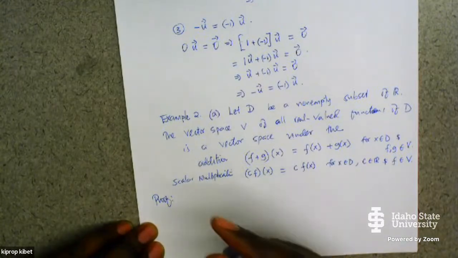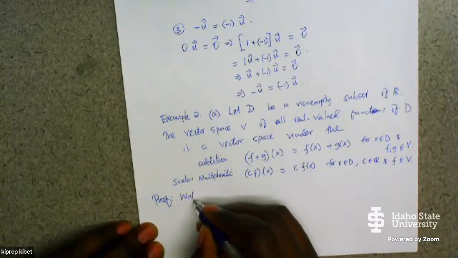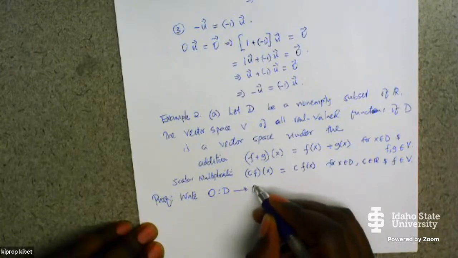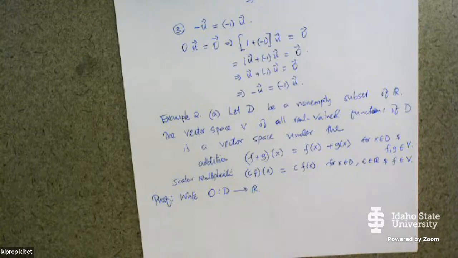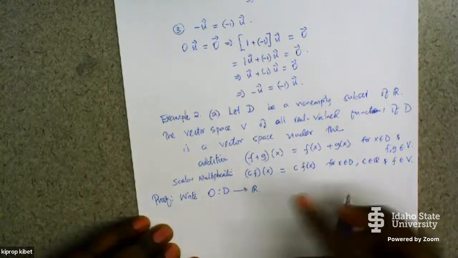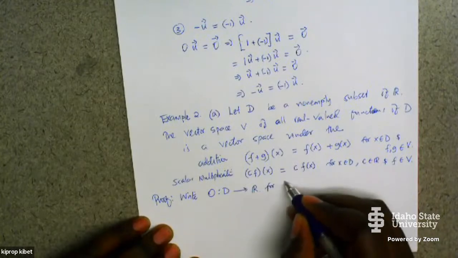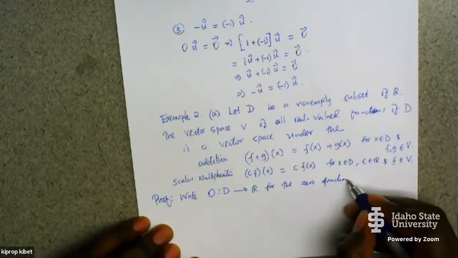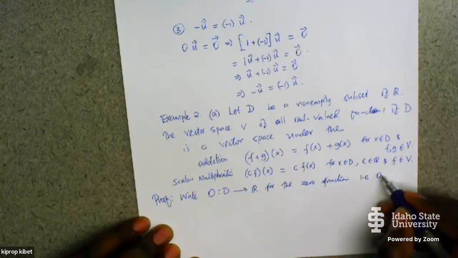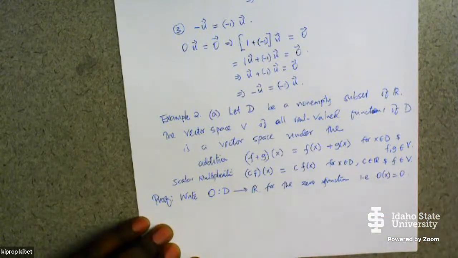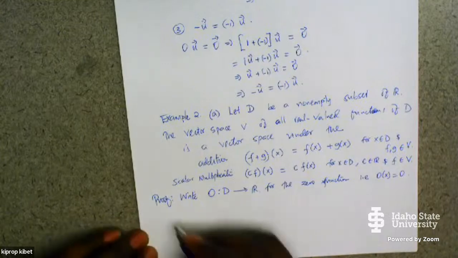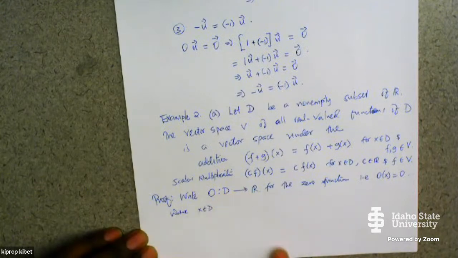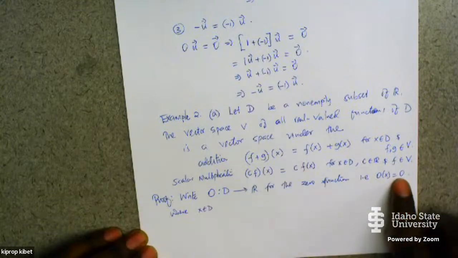To check that it is non-empty, we can write the 0 function from D to the real numbers, whereby 0 of x is equal to 0, where x is an element of D. So 0 of x will give you a number which is 0.